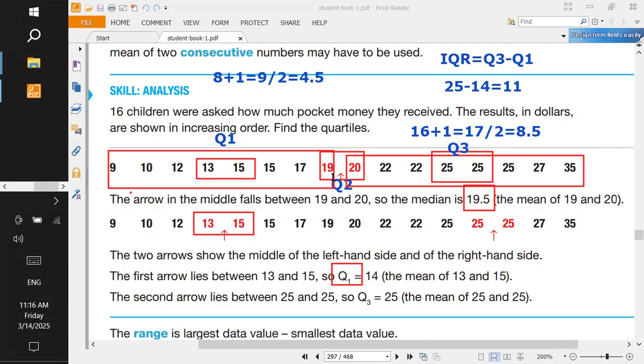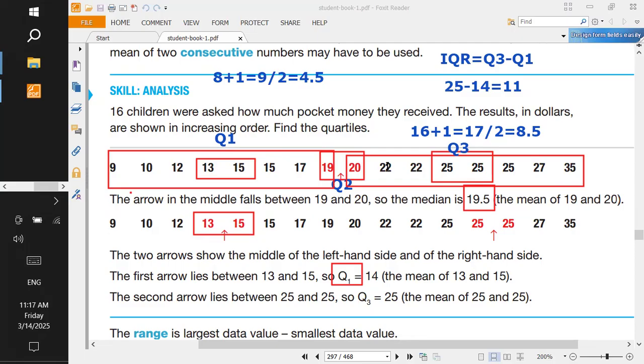So finding the quartiles and the IQR from data like this is so easy. You just have to put them in order, find the median, which is the one in the middle, and then if you used the numbers in the data, you can't use them again. But if you didn't use them, if the Q2, the median, is in the middle between them, it means you can use them again in the groups.